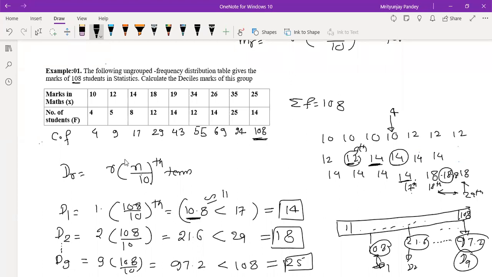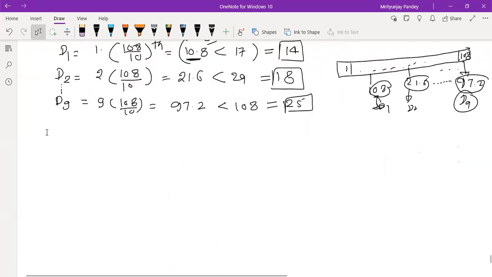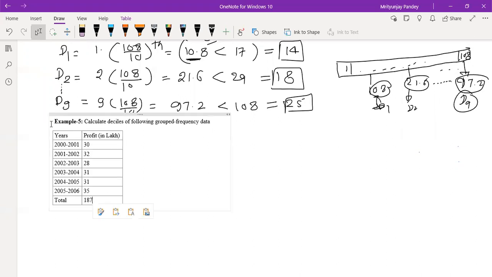Now one more example based on grouped data. फॉर्मूला ऑलरेडी मैंने आपको लिख के दे दिया. ओके, बट वन सेकेंड मैं वापस एक बार लिख देता हूँ, डोंट वरी.